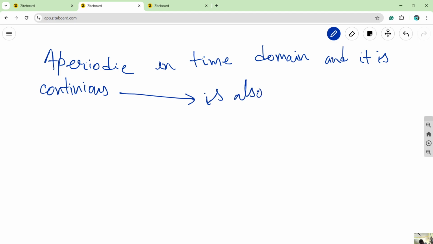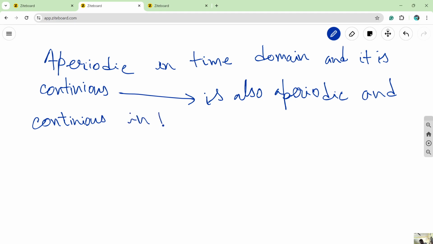It is also aperiodic in the frequency domain.